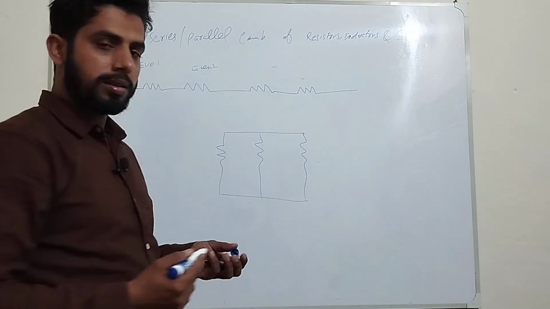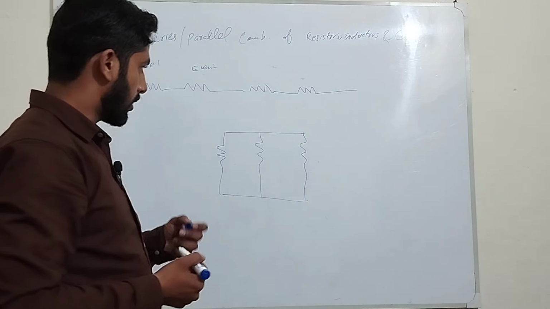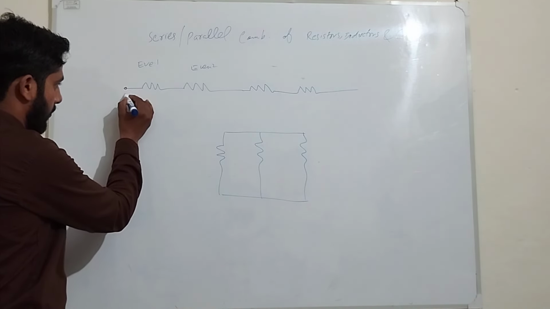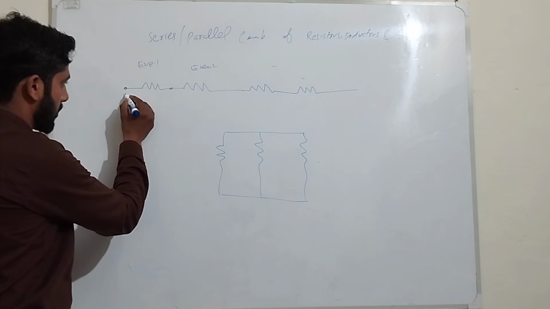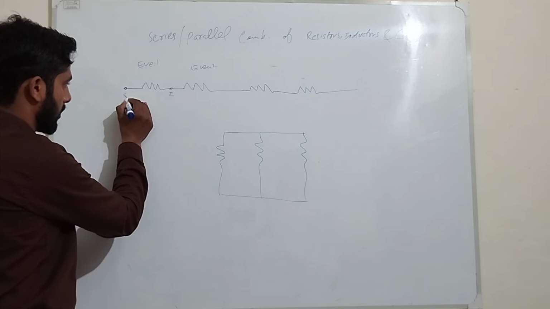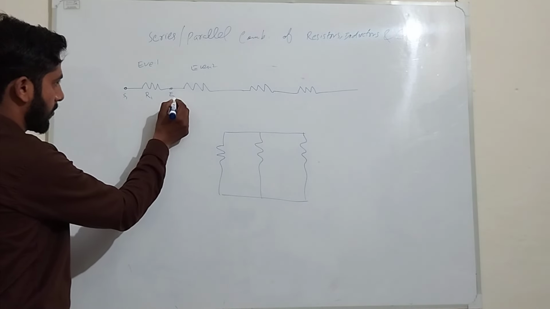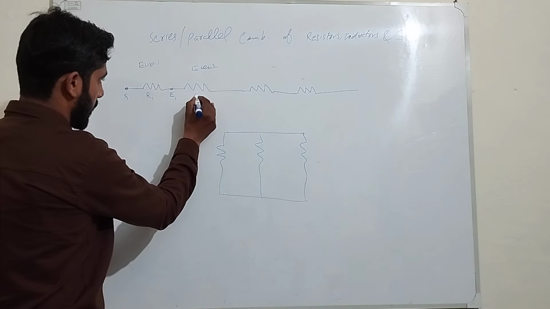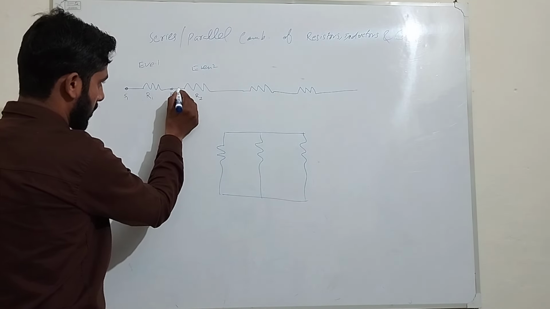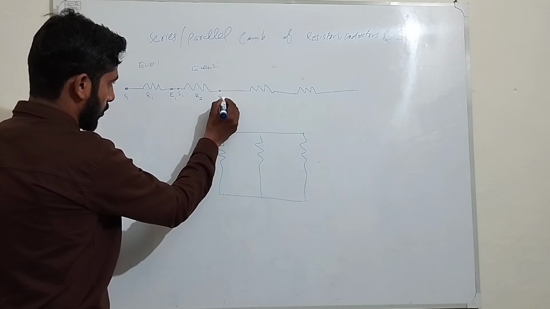Now, analogously in electric circuits, how will these behave? See here, assume these are resistors, and this is its start point and this is its end point. I can name this resistor R1, with start S1 and end E1, and this is resistor R2, its start is S2 and its end is E2.